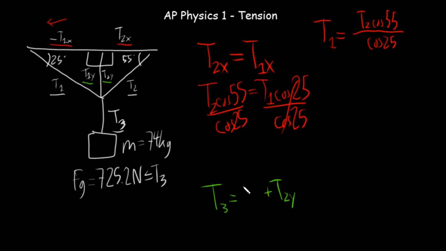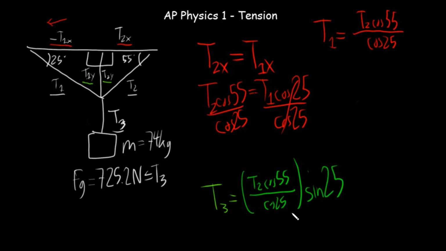Alright, so let's do some substitution here. T3 equals, and then T1y is T1 sine 25. We can just write sine 25 here because this entire thing represents T1.